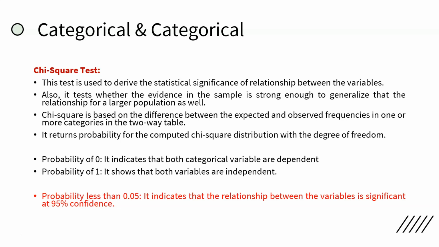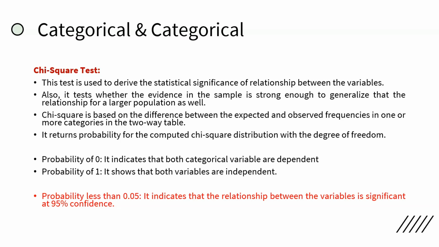Now, the other type is categorical and categorical. If both of the variables are categorical in nature, we use what is known as a chi-square test. It is used to derive the statistical significance of the relationship between two categorical variables.